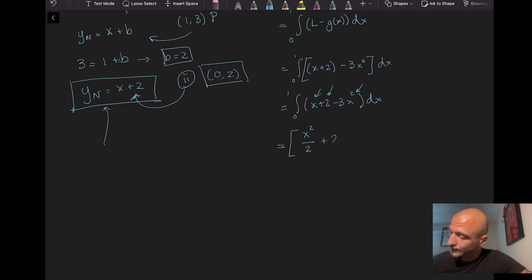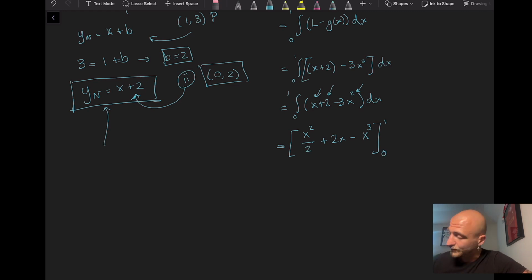The integral of 2 is 2x. The integral of 3x squared is just x cubed. Because if I undid this and took the derivative of it, I would bring down the 3 and it would leave me with 3x squared, which is what we started with. So the integral of 3x squared is x cubed. And I evaluate this whole thing from 0 to 1.